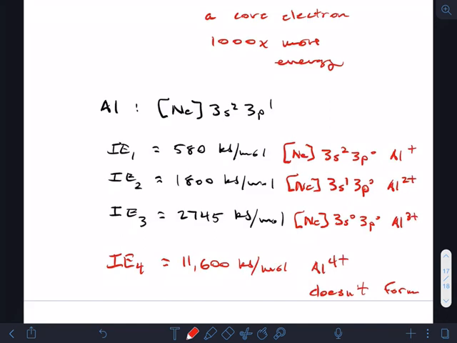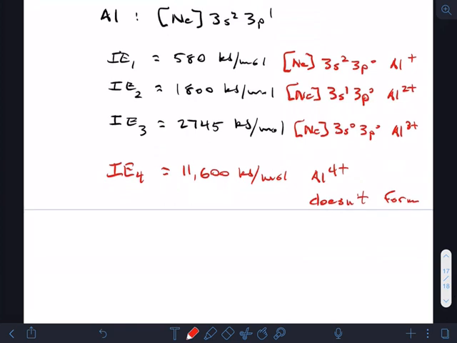So this has a lot to do with why ions stop at certain places. Aluminum's got tons more electrons on it. Why shouldn't it be able to do 4 plus or 5 plus or 6 plus? Because it costs way too much energy.